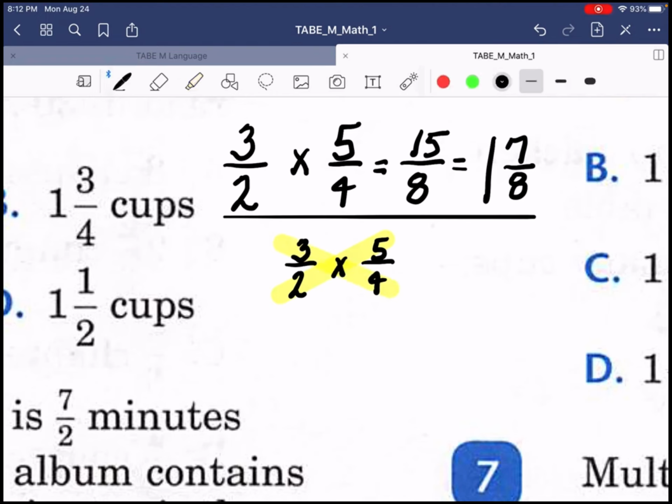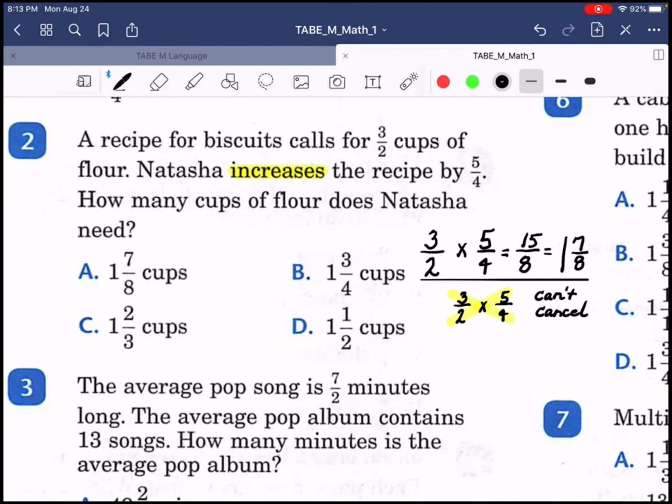So this one will not work with the cancellation. So your answer is A, 1 7/8.